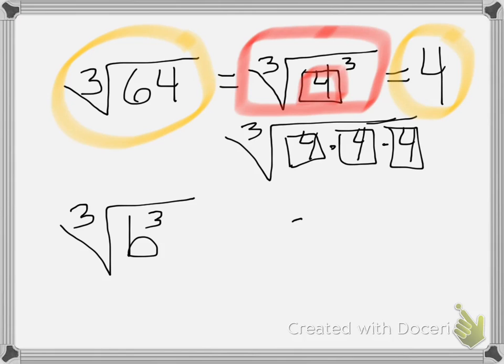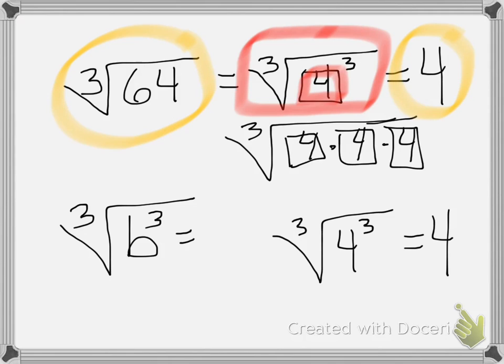Well, think about it. If the cube root of 4 cubed is 4, then the cube root of b cubed has to be b. Because remember that I showed you that if the index and the exponent are the same, then whatever number you wrote here is the answer.